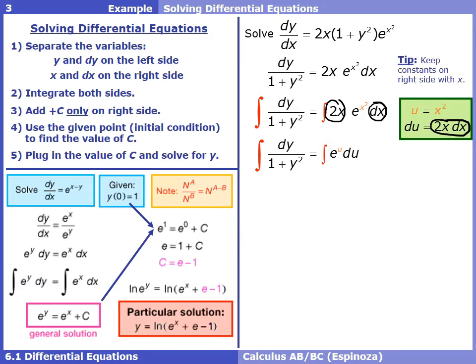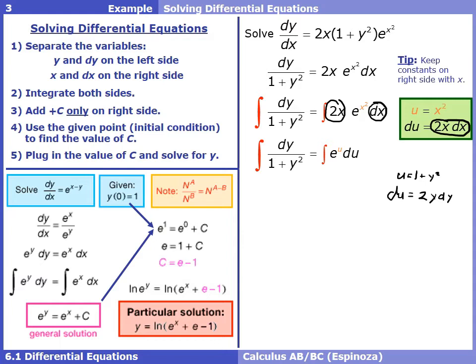So how do we integrate the left side? Well, you might be tempted to do u substitution. You might be tempted to call u 1 plus y squared. And that would be acceptable to at least attempt, until you realize, when you figure out what du is equal to, that it would be equal to 2y dy.